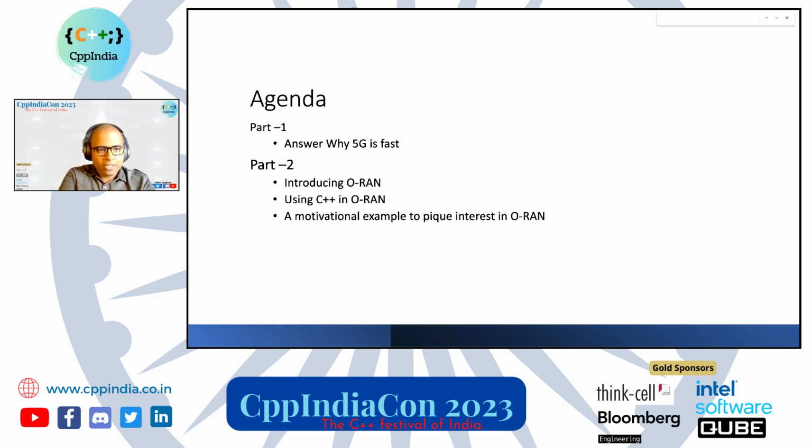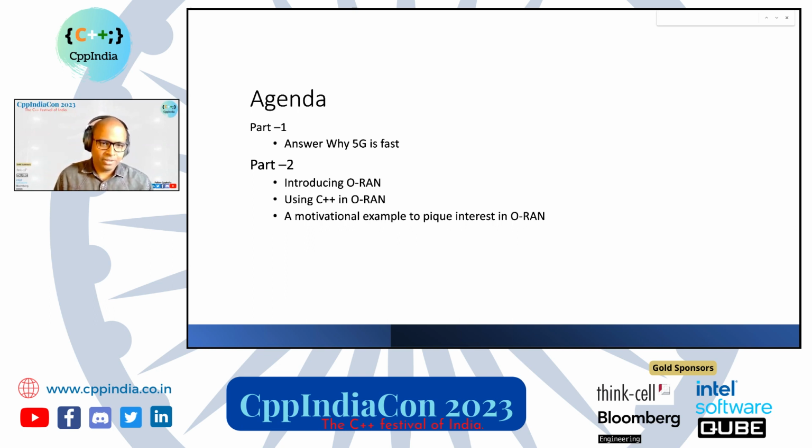There are two parts to this talk. In the first part, we will try to answer the question why 5G is fast. The second part, I think, is going to be more interesting because there is some C++, but unfortunately it's not much. There are some very interesting motivational examples of how we can use ORAN and C++ to create some very unique solutions.